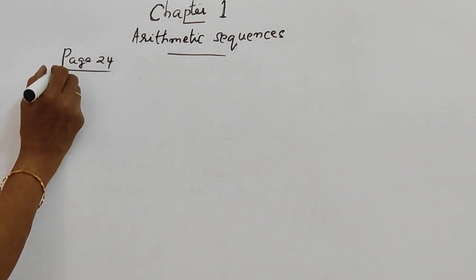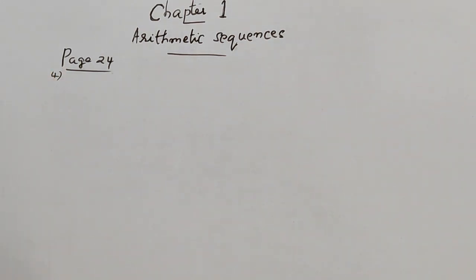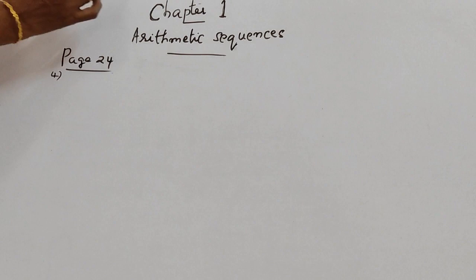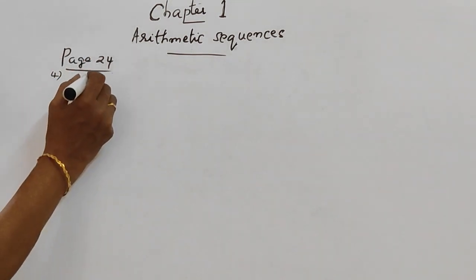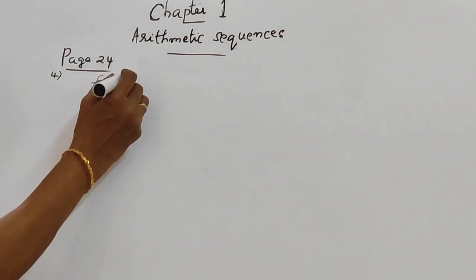Question number 4. Prove that the arithmetic sequence with the first term 1 by 3 and common difference 2 by 3 contains all odd numbers but no even numbers. See what is said in the question.